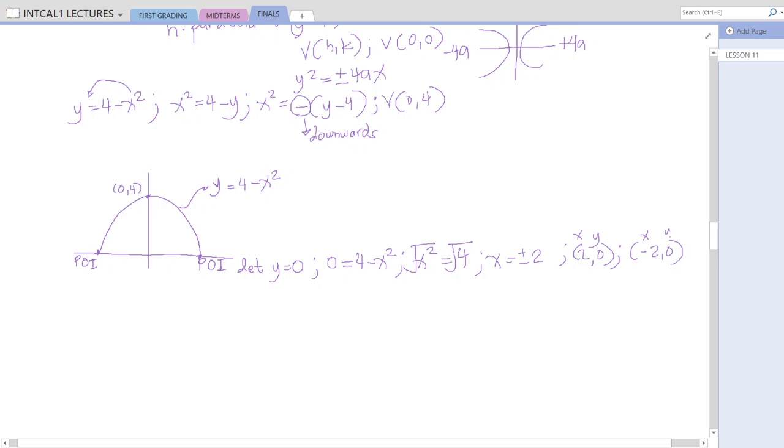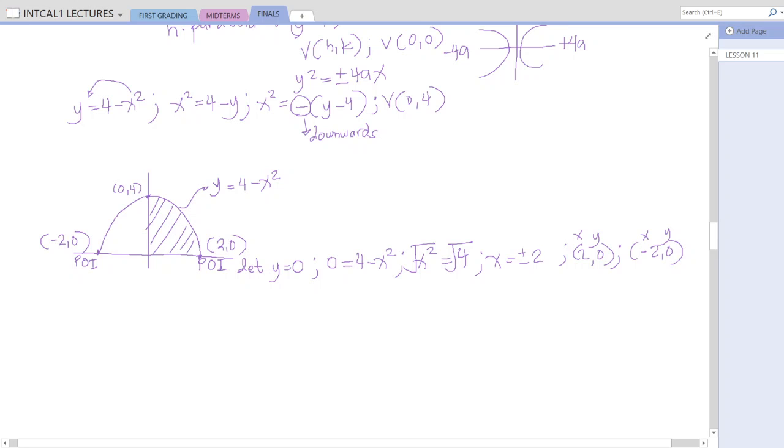The point of intersection for the right side of the parabola is at (2, 0), and the same with this one, at (-2, 0), but we are asked to get only the area bounded at the first quadrant.